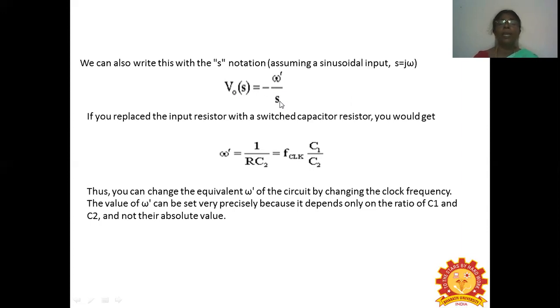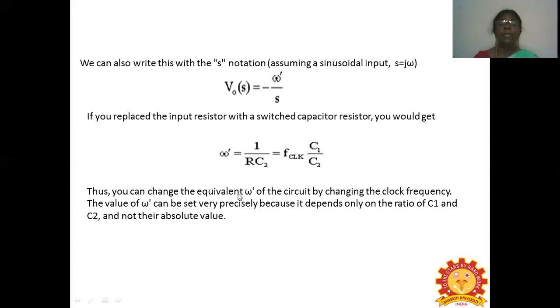So if we replace the input resistor with a switched capacitor resistor, we can rewrite the omega dash value as 1 by RC2, which is F clock into C1 by C2. These are the two capacitors present in the switched capacitor integrator circuit.